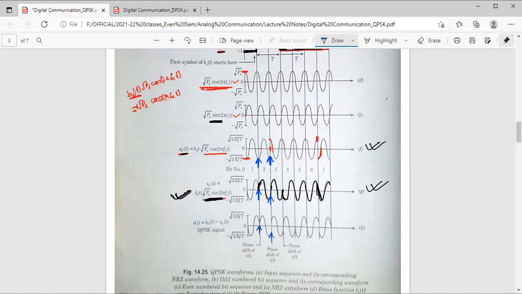Again you can see here that at this point and at this point there will be a phase change.